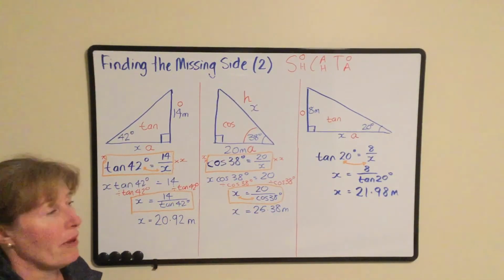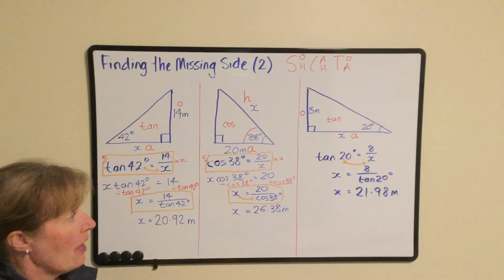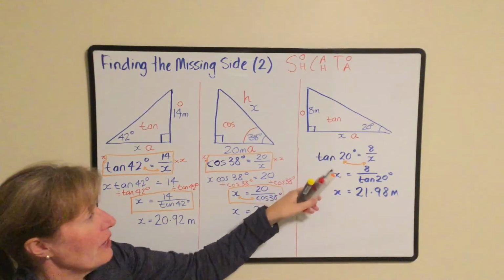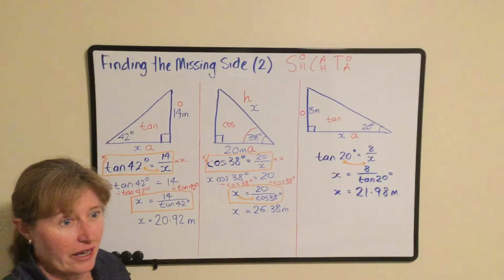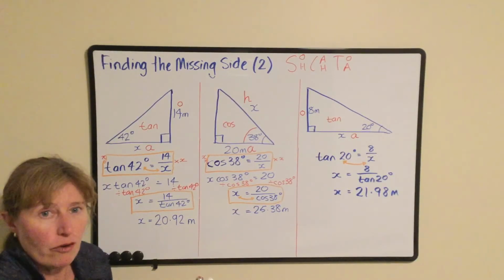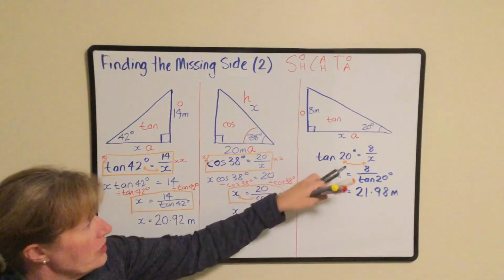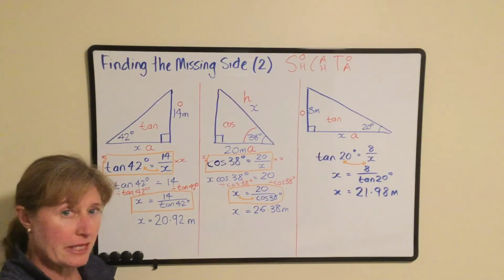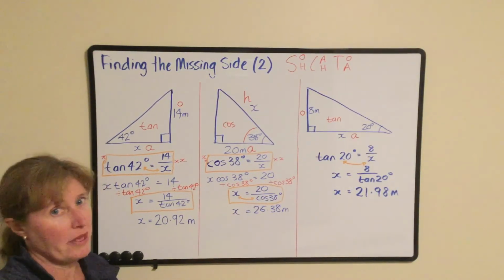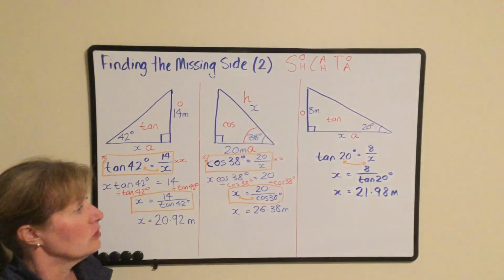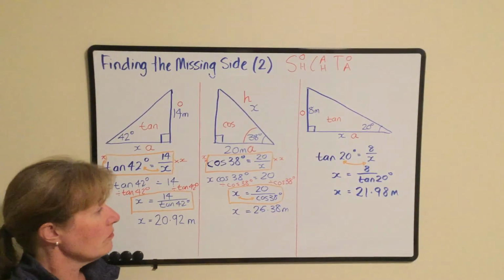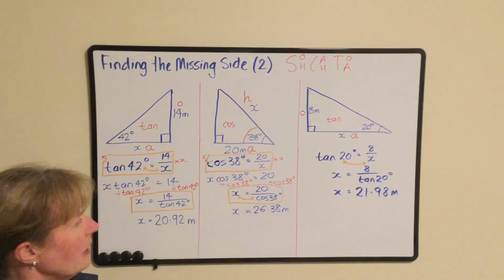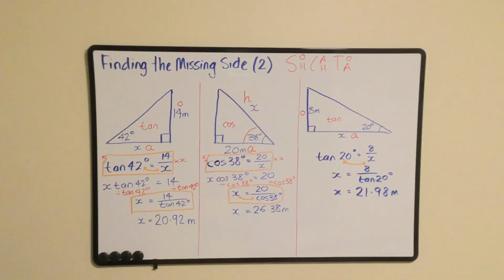You can do all the algebra, but you don't have to. Now, this cheat only works when x is the denominator. And in your textbook questions that you start off with, you'll probably have all the questions where x is the denominator, but later on we're going to mix it up, and sometimes x will be the numerator, sometimes x will be the denominator, so you need to know how to deal with it as we go. But this is what we can do if x is the denominator. So perhaps at the bottom we should write something like that.